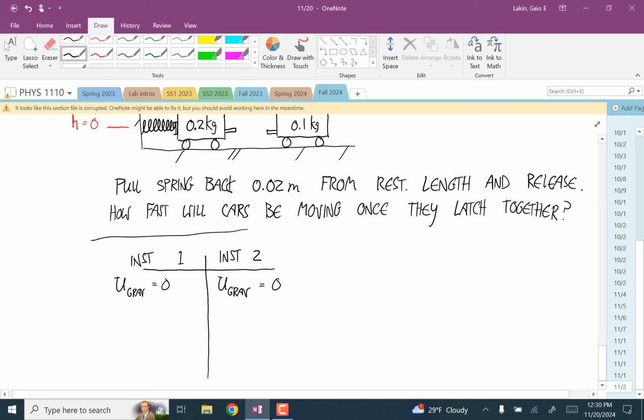Okay, so now spring potential energy at instant 1. This is 1/2 times the spring stiffness of 600 times the compression, which is 0.02 squared, and so this is 0.12 joules.